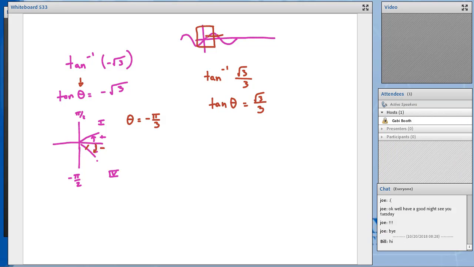So you're looking for theta. Now this time we have the positive relationship, so we are in quadrant 1, and the angle in quadrant 1 would be pi over 6.